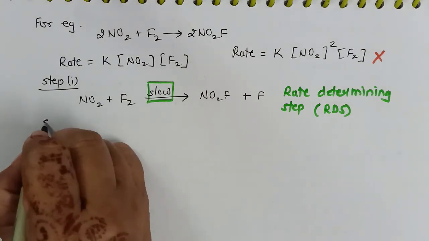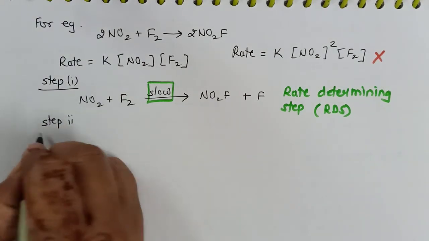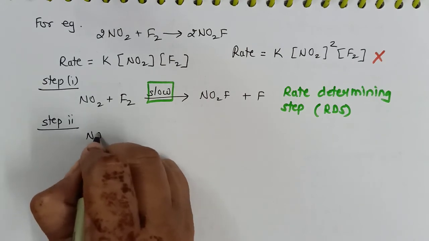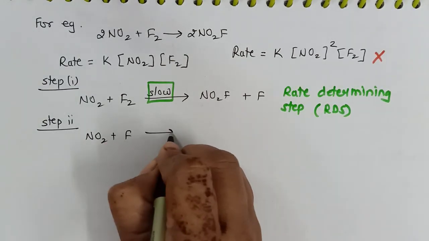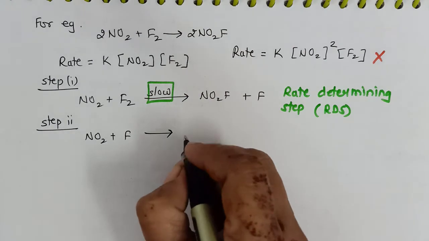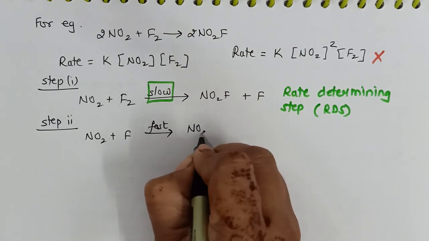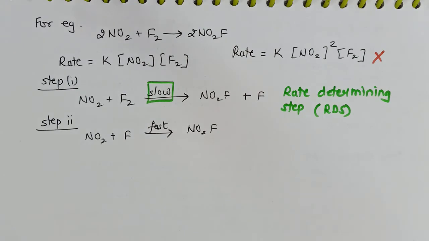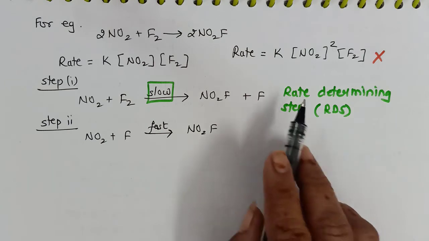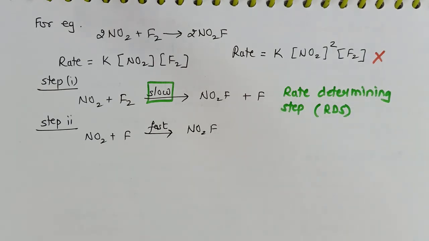Second step now. Step 2, it is NO2 plus F. This one will react, but this reaction will be fast, giving nitryl fluoride. Now the rate was decided by which step? The first step, and it was the rate determining step.